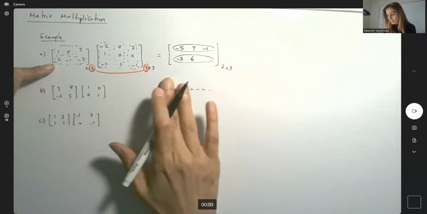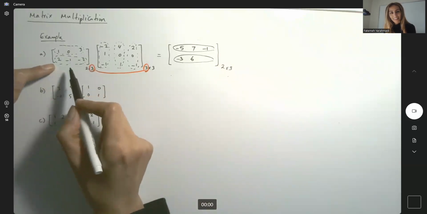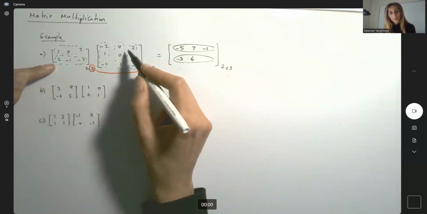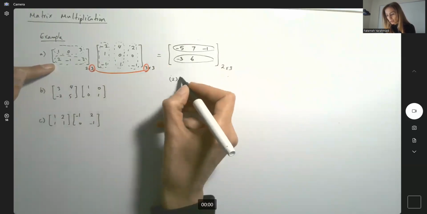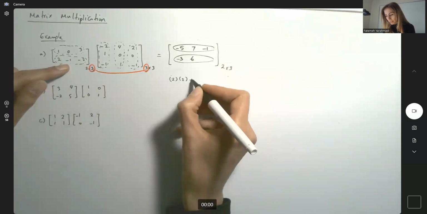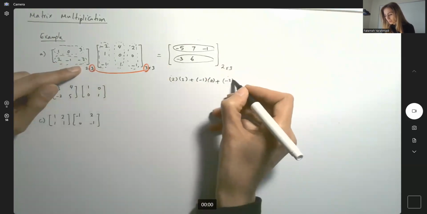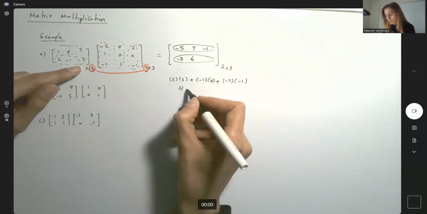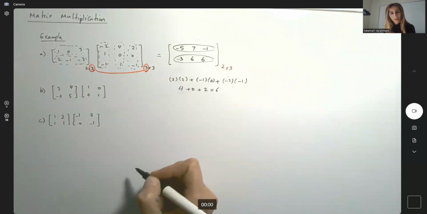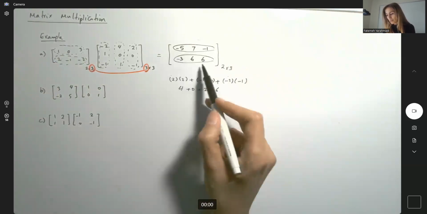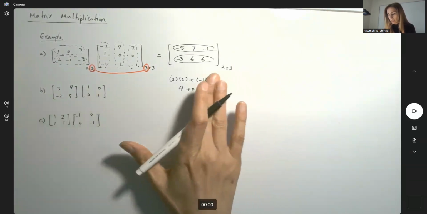And then we're going to take the last row, the last vector down here, and find a dot product with the last column here. So you have 2 times 2 plus -1 times 0 plus -2 times -1, so you have 4 plus 0 and plus 2, which is 6. So as you can see, you have a 2 by 3 matrix. Let's move on to example B.